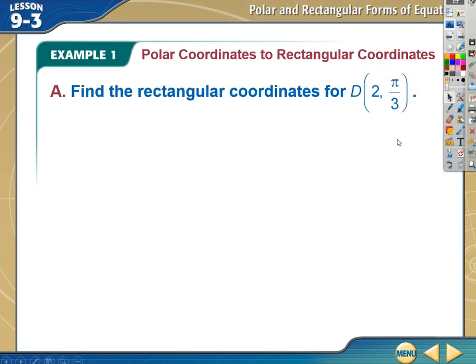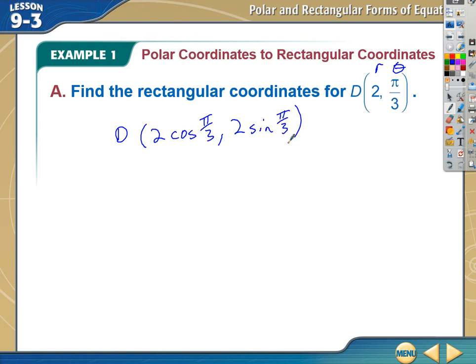It says here, find the rectangular coordinates for D. It's 2 comma pi over 3. What you should be able to do without a calculator is say D is going to be 2, that's my r, and this is theta: 2 cosine of pi over 3, comma 2 sine of pi over 3.